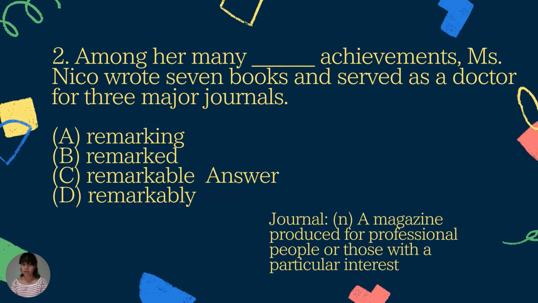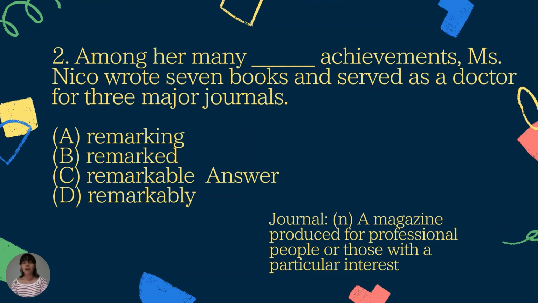Although A and B are words in their verb forms, like for instance, A is in its present form and B is a verb in its past form, both words can be used as adjectives. C is definitely an adjective. And D, meanwhile, is an adverb. So we know that D is not an answer here.